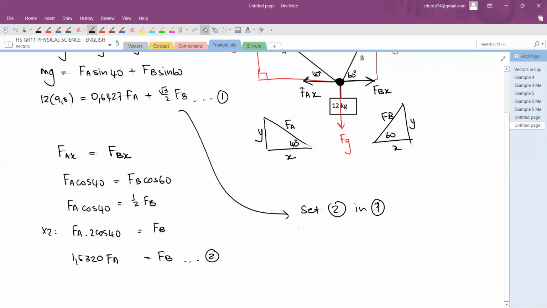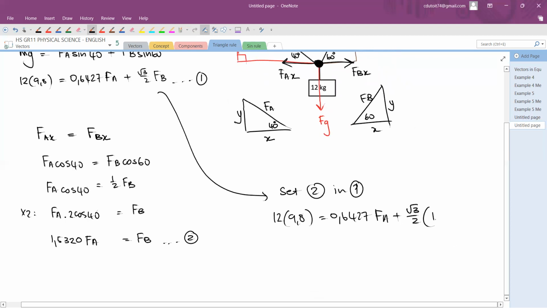So now I'm going to do the following. 12 times 9.8 equals 0.6427 FA plus root 3 over 2, and then instead of FB, I'm going to write 1.5320 FA. So now I'm going to do 12 times 9.8. That's 117.6. We did that last time.